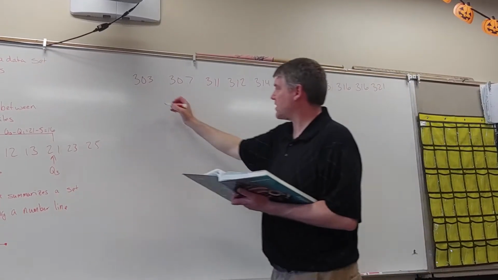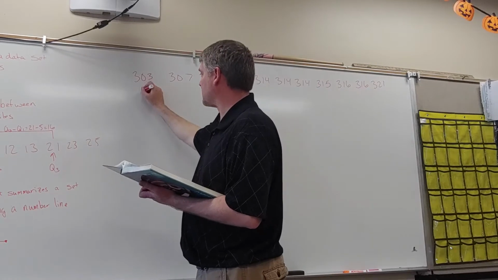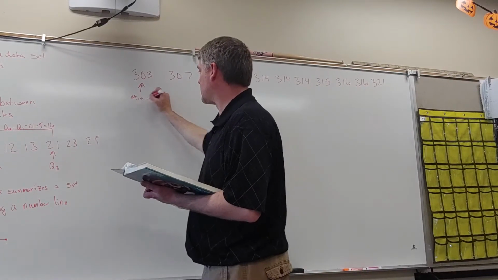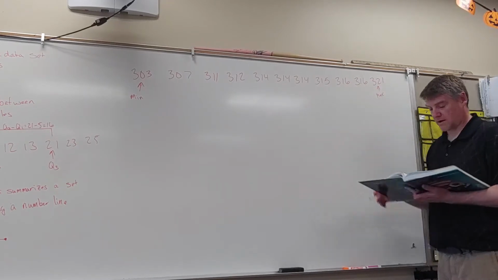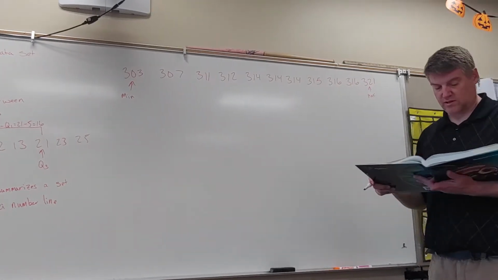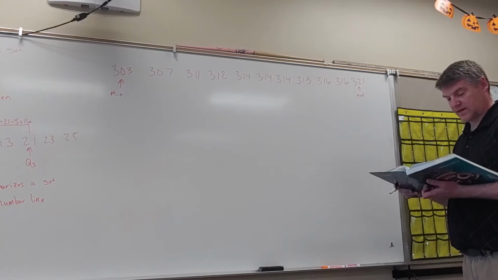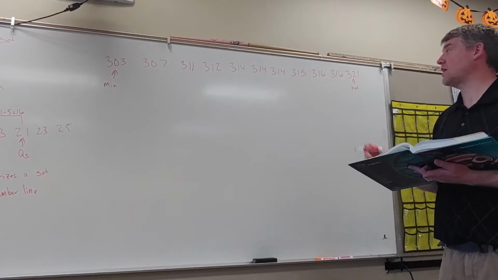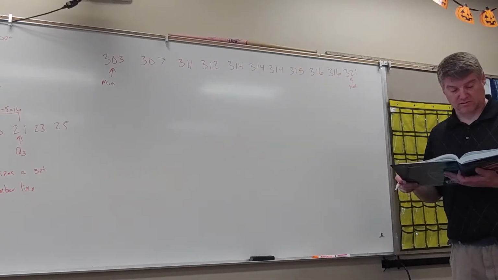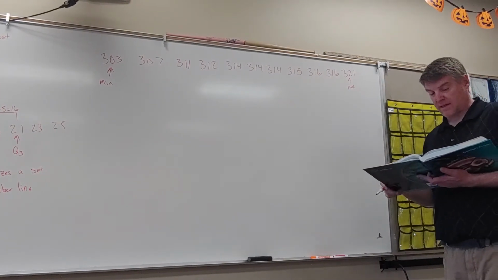Okay. So we know that this is the minimum, the min. This is my max. Okay. And so what we're going to do is look at finding the interquartile range, and we're going to set this up into a box and whisker. Right?